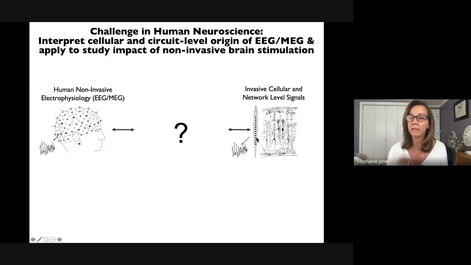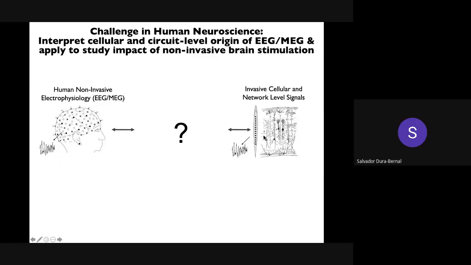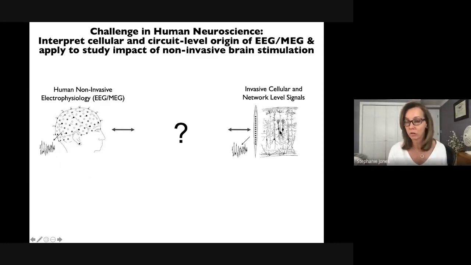This circuit level understanding is really critical if we want to know why these signals correlate with function, or if we want to develop treatments when they're disrupted in neuropathology, either brain stimulation or pharmacology. Invasive recordings in animal models are ideal for dissecting circuit level dynamics, with optogenetics and all the tools we have now to modulate circuit activity, but there's difficulty still in applying this in the human.